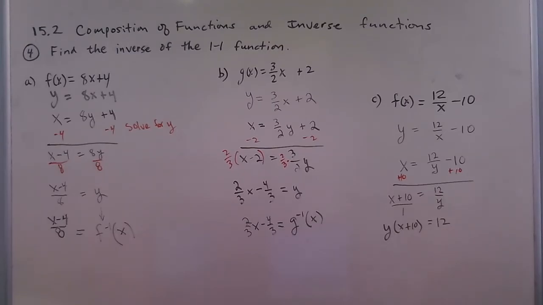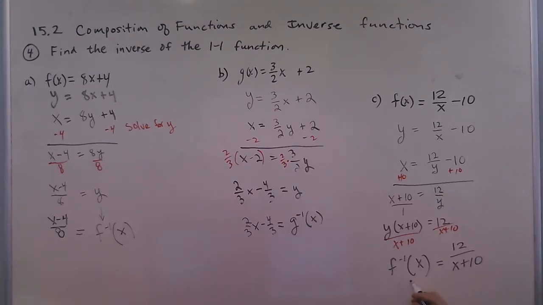And then I'll divide by x plus 10. And what I get is, knowing that I'm going to write the inverse notation, f to the minus 1 of 12 over x plus 10.